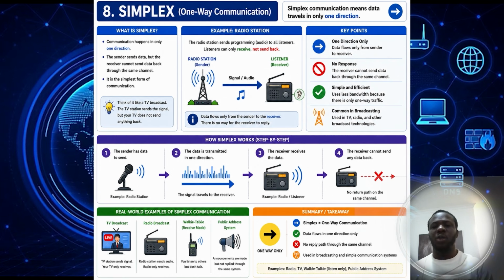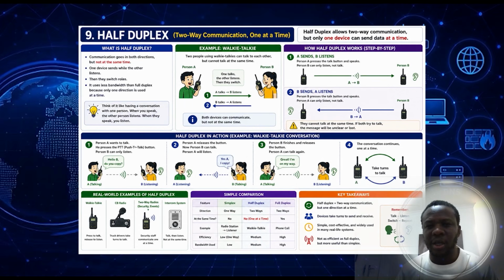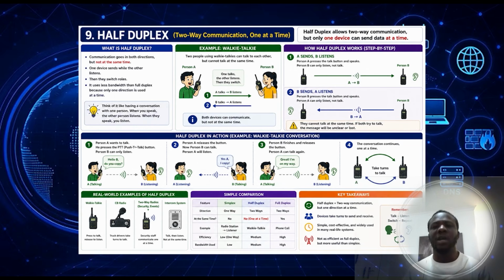The next one we're going to touch is half duplex. What is half duplex? Half duplex allows two-way communication, but only one device can send data at a time. Let me give you an example of this. In the security department, there's what they call a walkie-talkie. The walkie-talkie is a good example of half duplex.